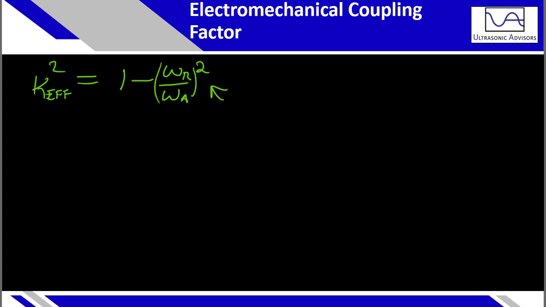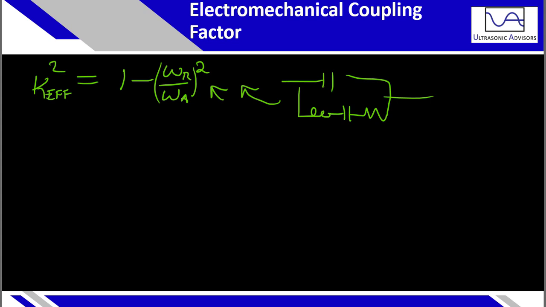This can be derived from the equivalent circuit, which has a resonance and anti-resonant frequency. So this can be derived from this, but now we don't have to do an equivalent circuit calculation in order to determine the coupling factor.